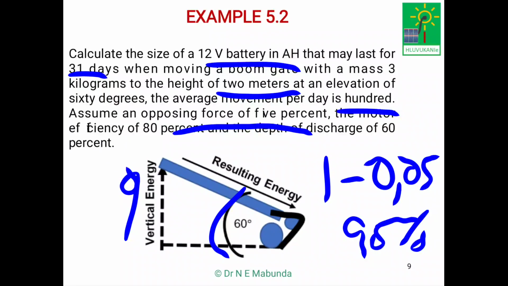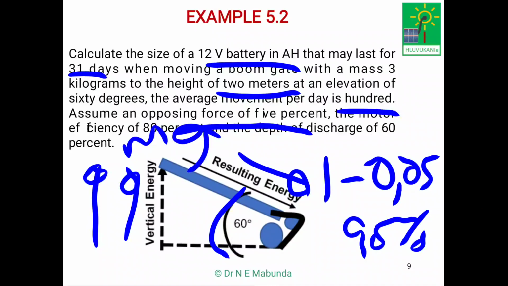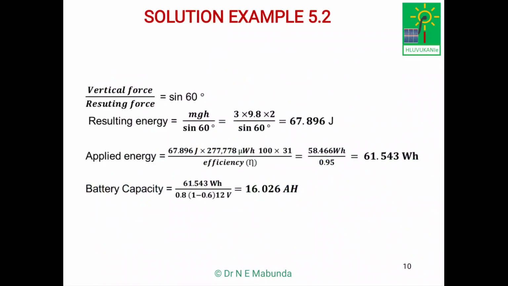Now, the energy which we can know is this one, but the actual energy which is used is that. Right, so we can calculate that using the MGH formula, mass times gravity times height. Let's see how they do that. The vertical energy is that, so they've calculated it.